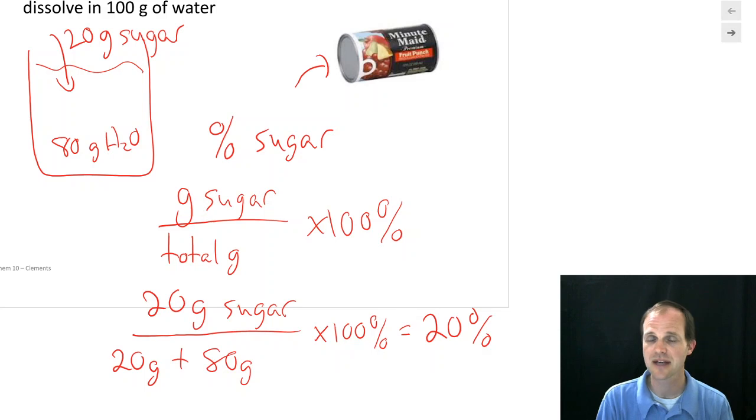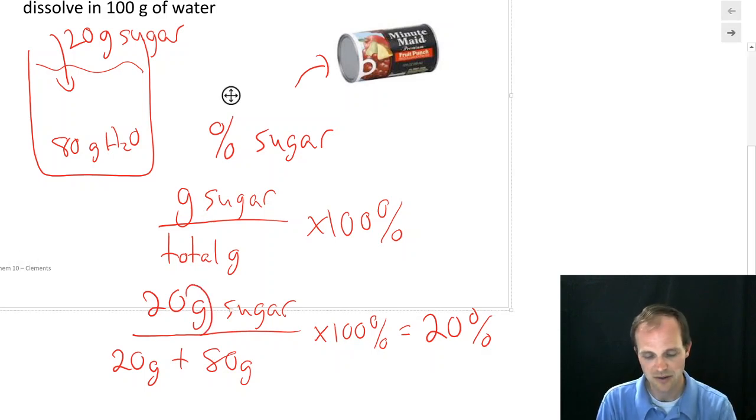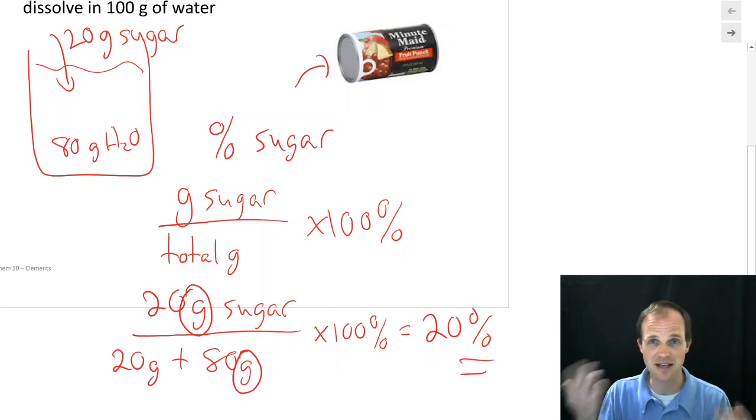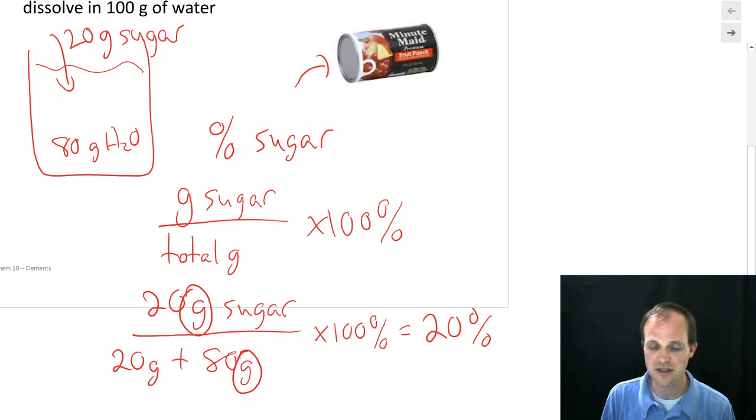Now, it turns out we're going to calculate several different percentages. And so what we want to know is what kind of unit were we using in order to calculate it? Because the units go away as soon as we get the percentage. It doesn't say percent grams or anything like that. So when we report concentration units, we're never going to report them just as percent because that's not sufficient.